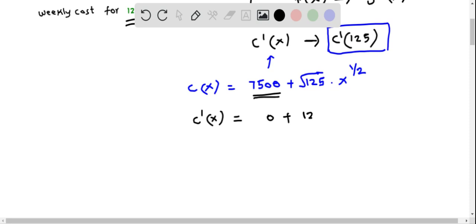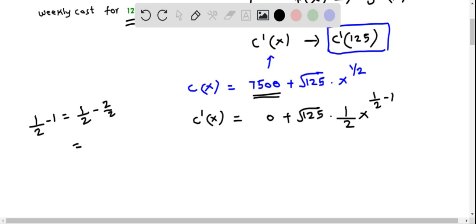And this is a constant, root of 125, so you can write it down as it is, and then multiplied with the derivative of x raised to the power of 1 by 2. We use the power rule here. So this becomes 1 by 2 x raised to the power of 1 by 2 minus 1. We can simplify this: 1 by 2 minus 1 equals 1 by 2 minus 2 by 2, which equals negative 1 by 2.